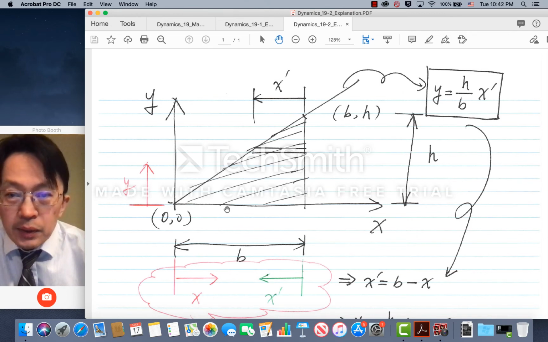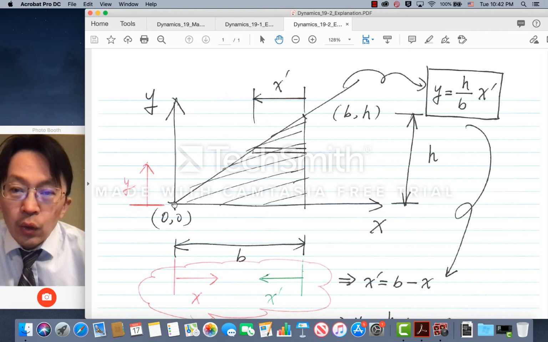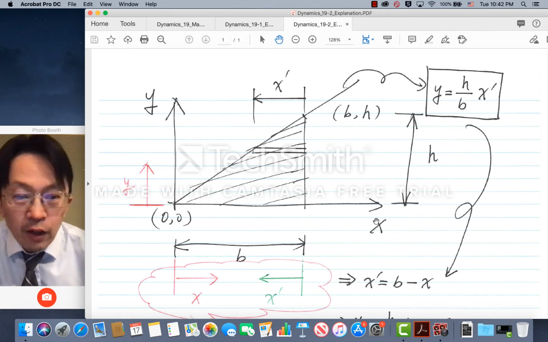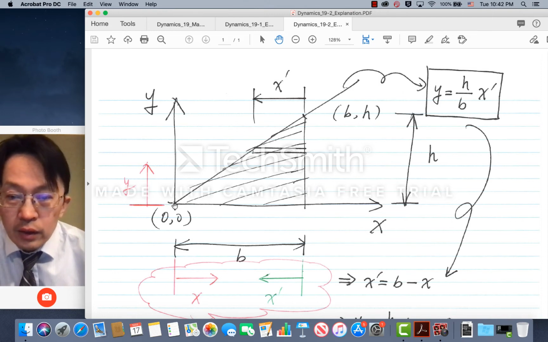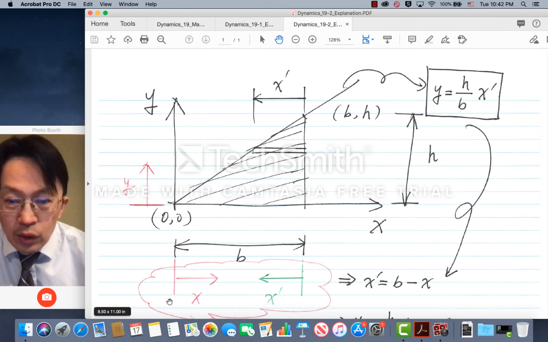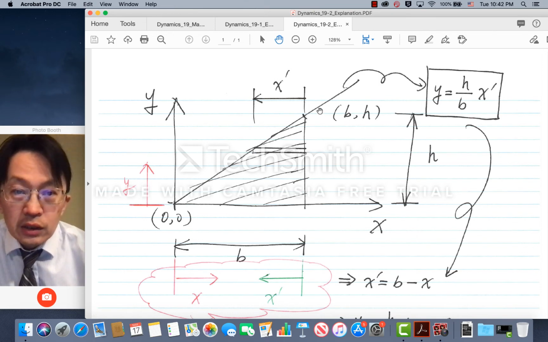The reason is that when we define the y-axis, the value of y starts from this point and goes up, and the value of x starts from the origin, this point, and goes to the right. So the definition of x prime is not the definition of the x that we use right here. This is the definition of x prime, which is used in this linear equation.